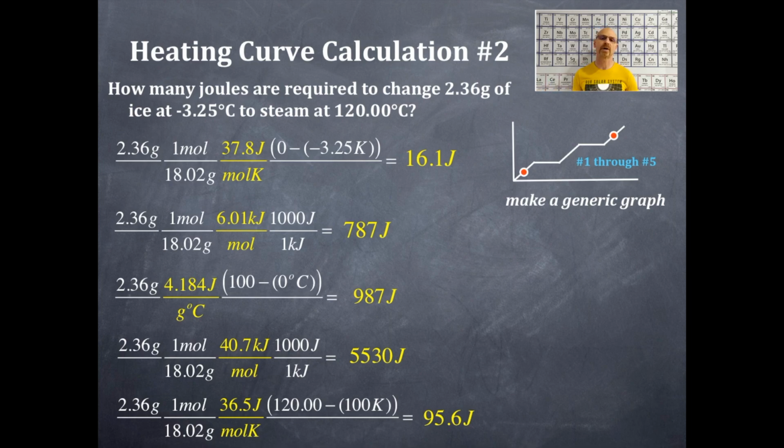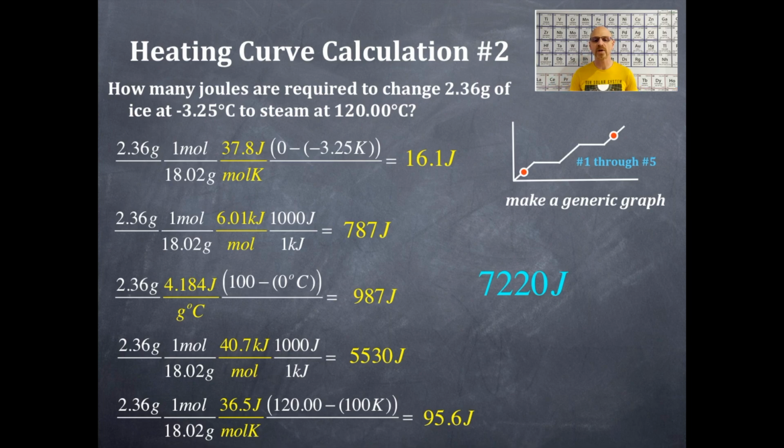There'll be a 0 there, but it's just a placeholder. And here is our final number: 7,220 joules for that problem here. That's how much heat is required to convert 2.36 grams at negative 3.25 degrees Celsius all the way to steam at 120. All right. That was an all-inclusive problem.